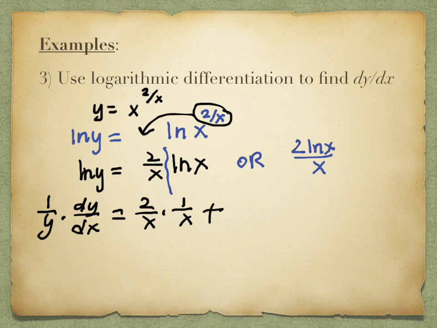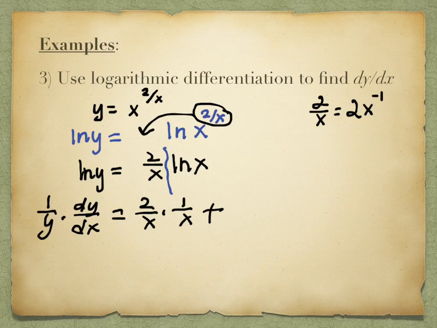Now I need the derivative of 2 over x. So what am I going to do with that? Bring the x up to the negative 1.